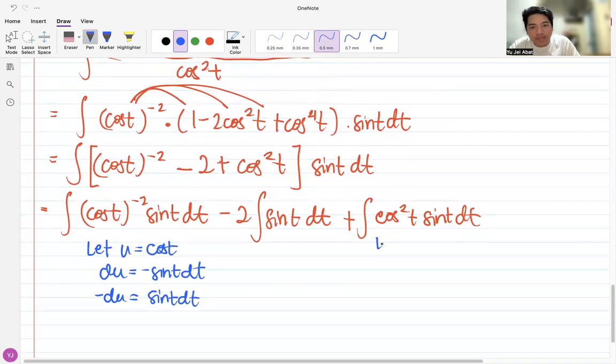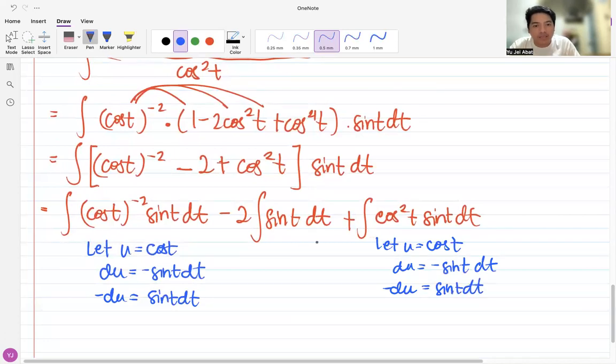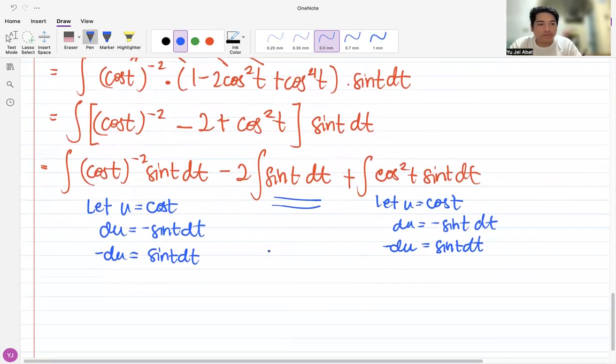The same goes for this one. I'm going to let u equal cosine of t, then du is negative sine t dt. Then I have negative du as the sine of t dt. And this is a straightforward integral, a basic or direct integration.